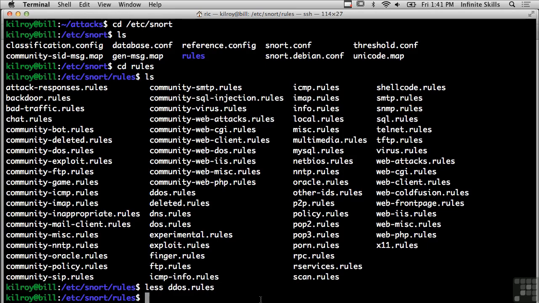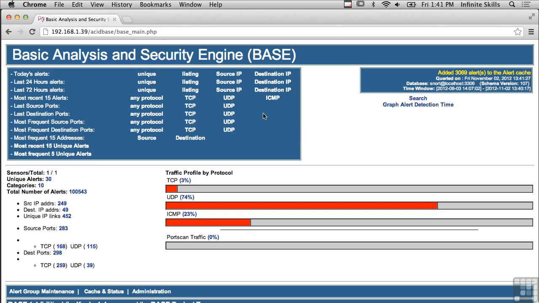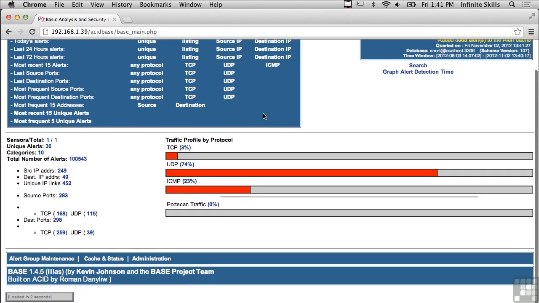Now, let's talk about how we actually go about taking a look at these attacks. So I'm going to log into the management console here and take a look at this thing called the Basic Analysis and Security Engine, or BASE. And what it does is it's a web interface that goes and reads the Snort database for different violations.